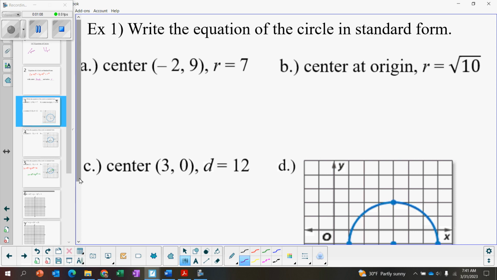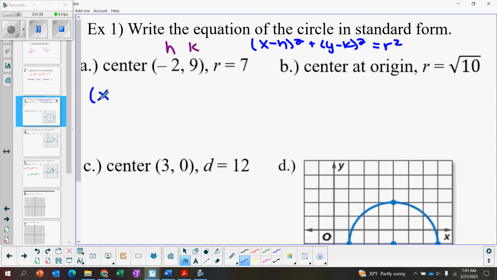So let's write the equation of each of these circles in standard form. That gives me a center and a radius. I've got h and k, and I'm going to once again write the formula: (x minus h) squared plus (y minus k) squared equals r squared.